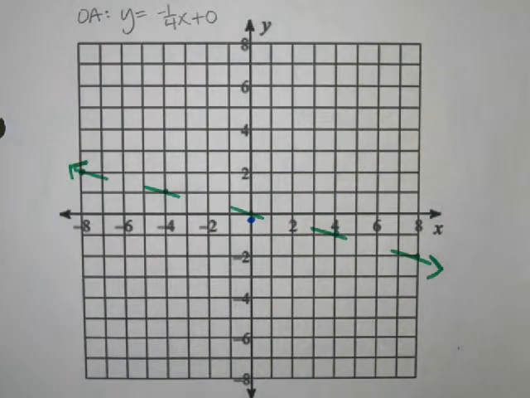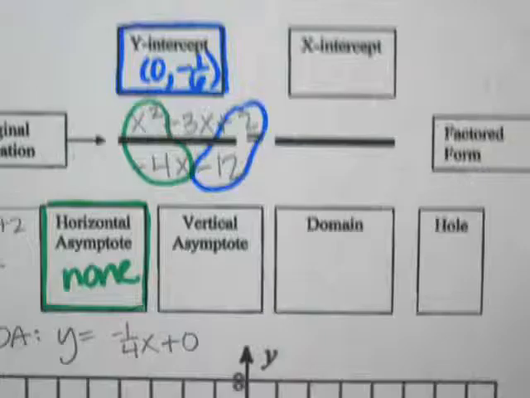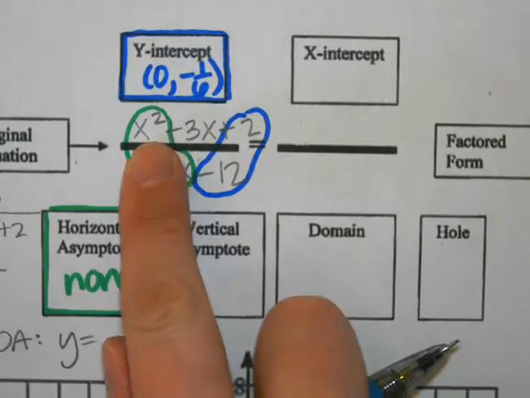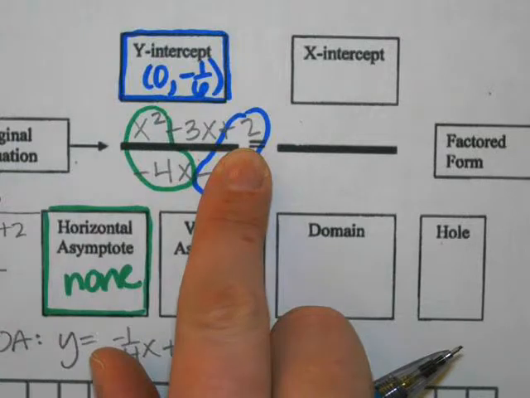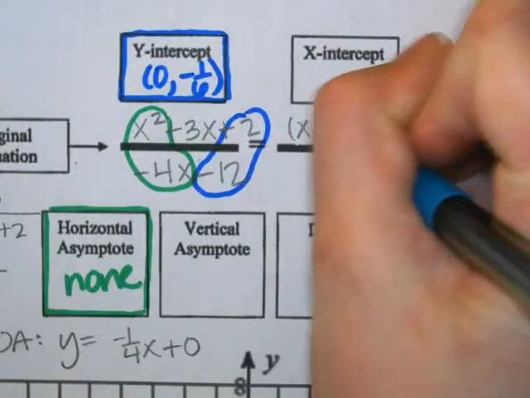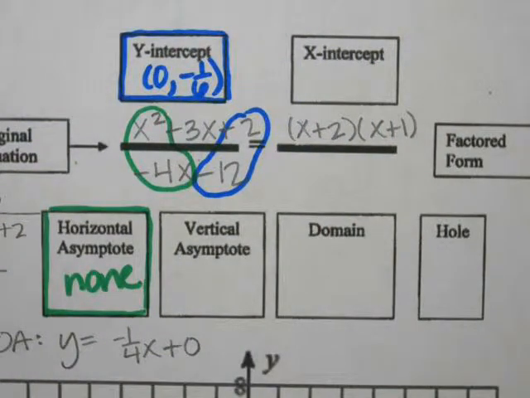Okay, what do we want to do next? Factor. So on the top, x squared plus 3x plus 2 is what? X plus 2, x plus 1. The bottom is negative 4x minus 12.